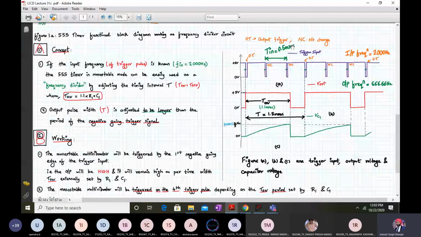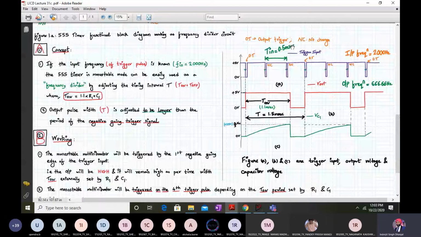So 1 upon T in will be my input frequency, that is 2000 hertz. Simple, no doubt in this, right? I'm applying a train of trigger inputs, which are negative going, definitely, because we are going from 5 to 0. So that's a negative going pulse. They are edge triggered, negative edge triggered. Do you understand what is edge triggered and level triggered? This is edge triggered, so by the falling edge of the trigger pulse, the output waveform will be triggered. Any doubts in this?